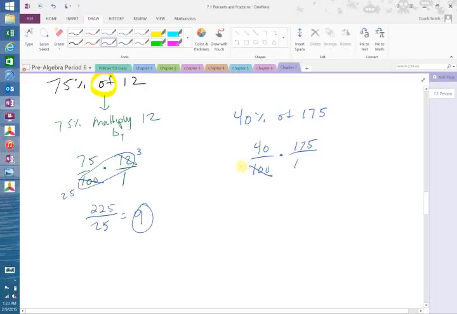Cross cancel, 25 into 100 goes 4 times. 25 into 175 goes 7 times. Now I have, and I want you to see this, 40 over 4, this right here can reduce to 10 over 1 times 7 over 1, which is 70.